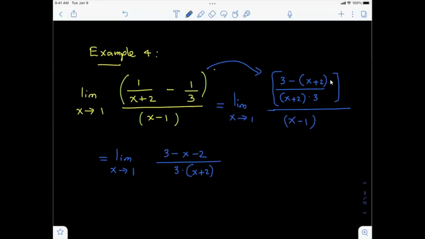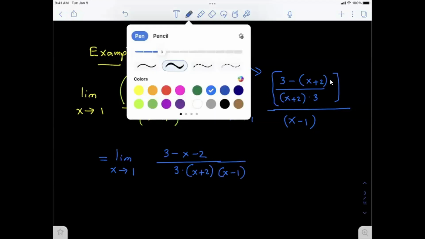And then after that, you divide this term again by x minus 1. Wait a minute. Now you need to simplify this, right? So you have this fraction and you divide it again by this. So where should I put this one if I try to simplify it together? When you perform a division twice, this is how it happens. x minus 1 will be in the denominator.